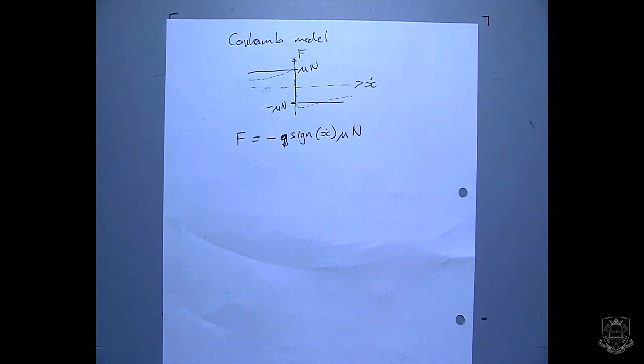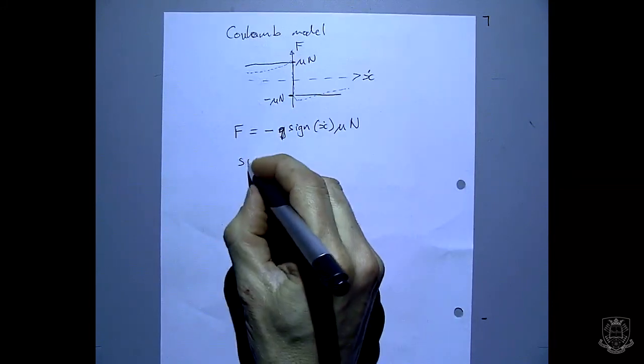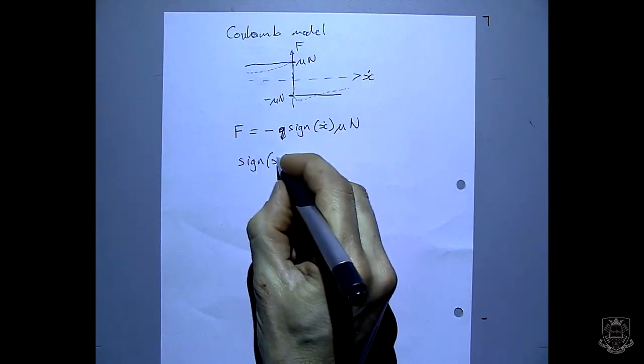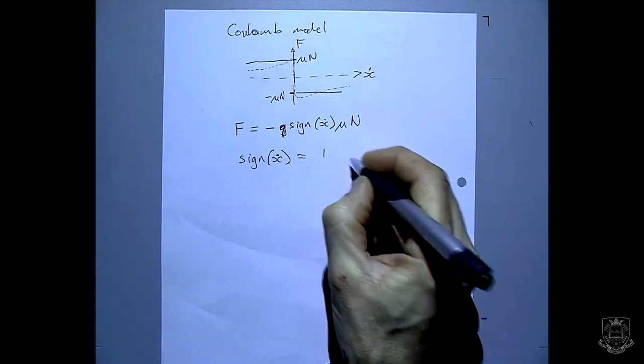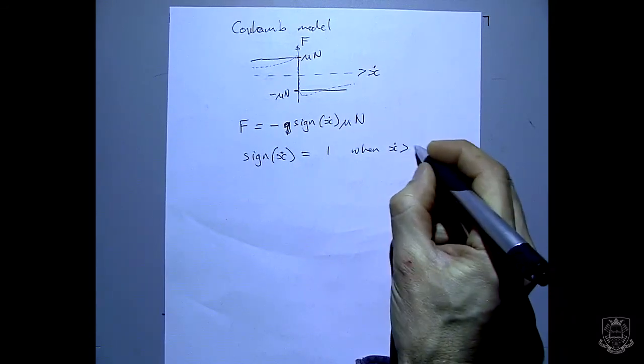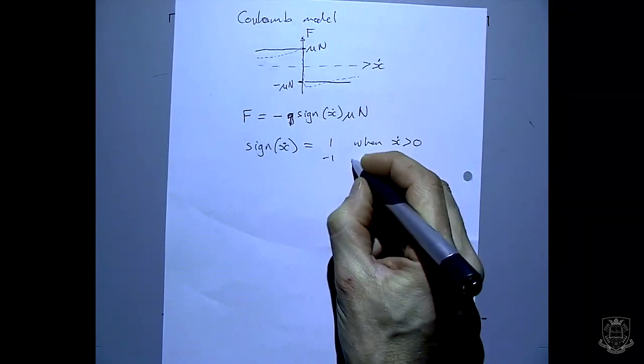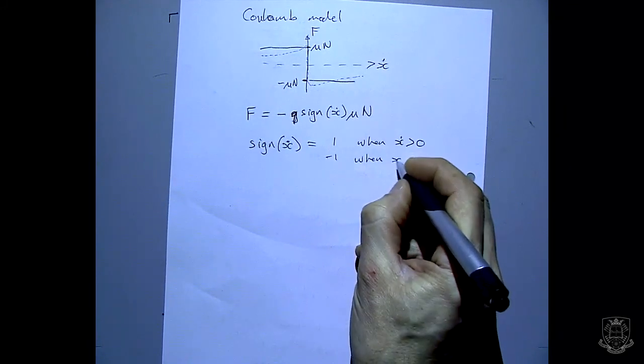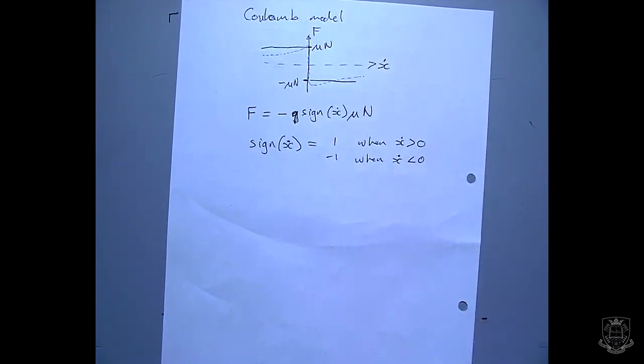So sign of a function, when you see sign of that, it just means plus or minus 1. So if x dot is positive, it's 1. If it's negative, it's minus 1. So sign x dot equals 1 when x dot is positive, minus 1 when negative. Is that okay?